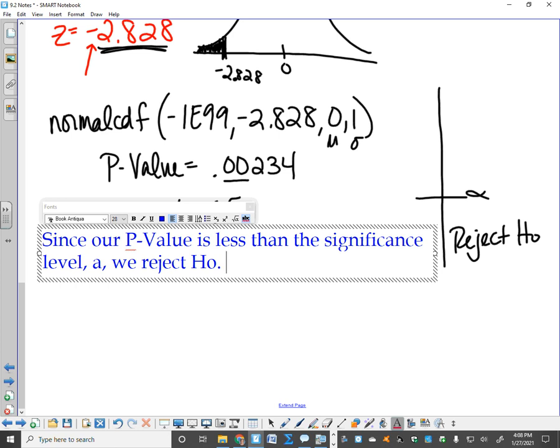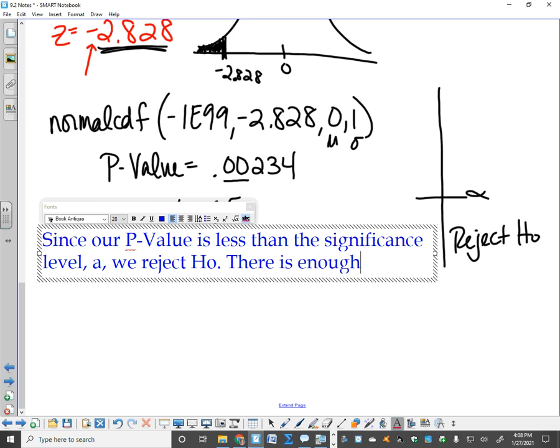Now you're going to have a sentence about evidence. Remember, your evidence sentence is always about your H sub A. So since I'm rejecting H sub O, that means I'm going with H sub A. So that means there is enough evidence.